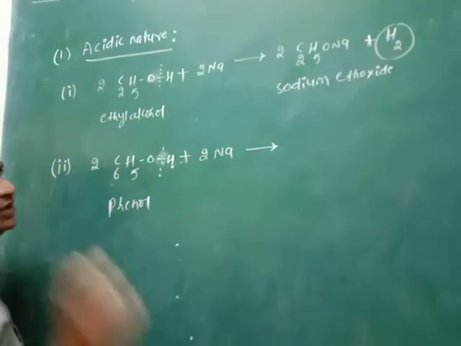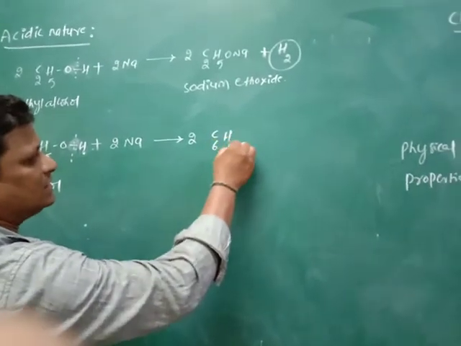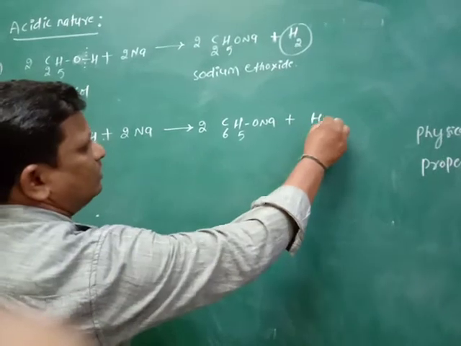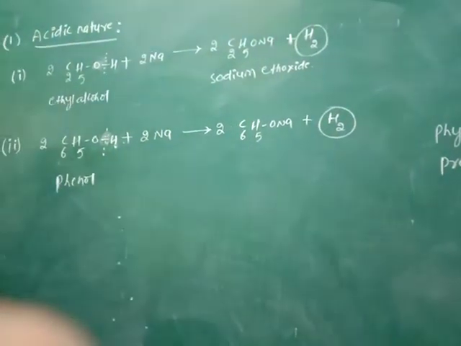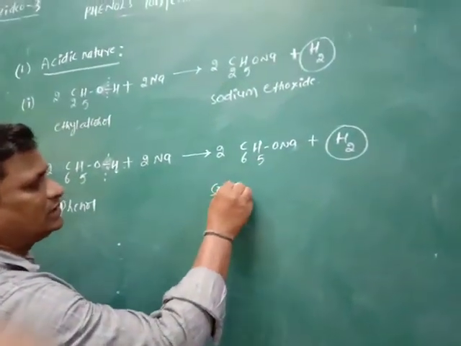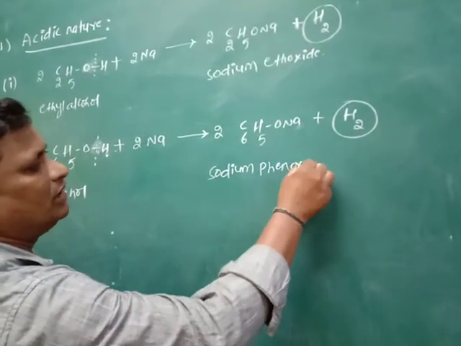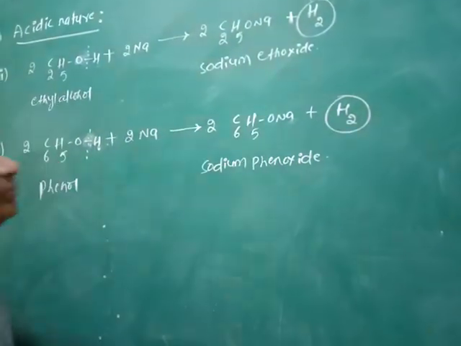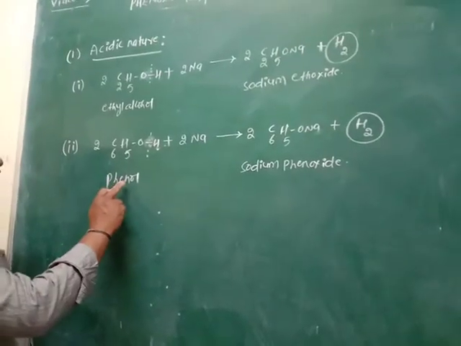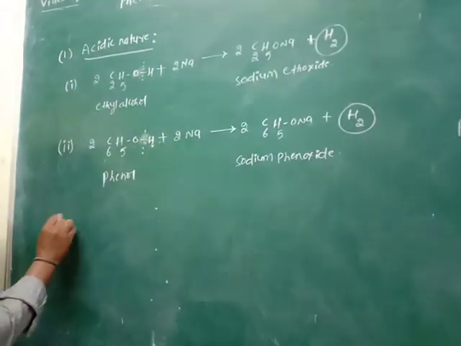C6H5O combines with 2 moles of Na, so it gives 2 moles of C6H5ONa plus hydrogen is released. The obtained compound is sodium phenoxide. So when phenols are treated with active metals, they give sodium phenoxide.